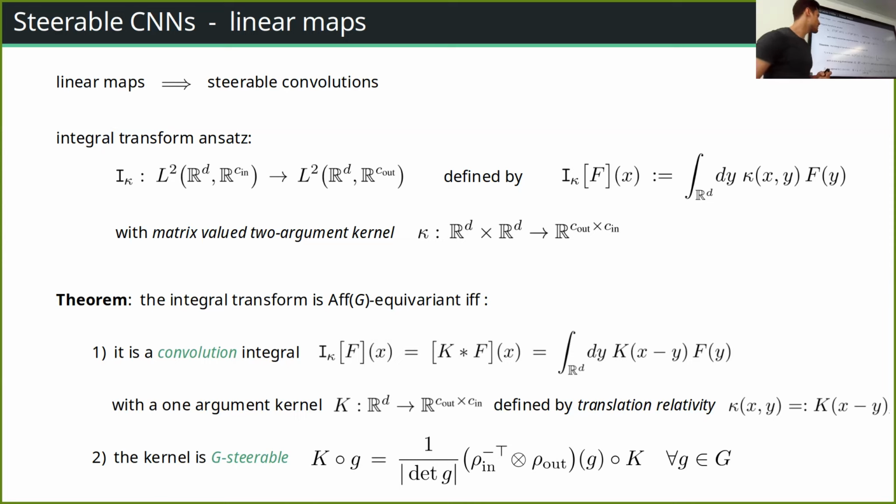So this is just a general linear map, which would be kind of like an MLP being applied to your image. But now we demand affine group equivariance, and then we get certain constraints.